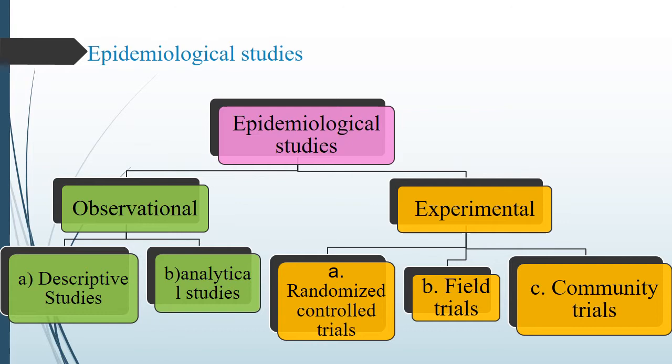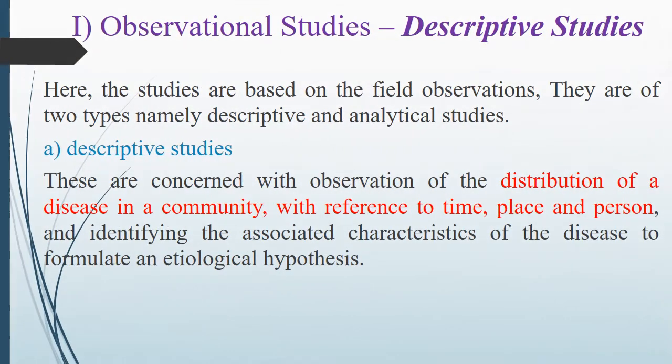We are going to see only the descriptive studies. What is meant by a descriptive study, that is what we are going to see today. So we will see in detail about descriptive studies. This is the distribution of disease in a community.